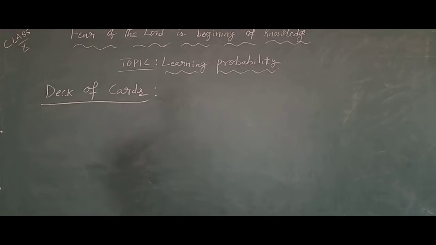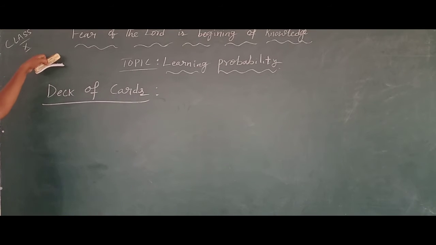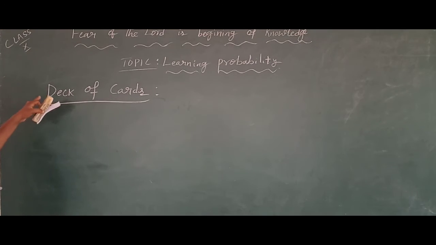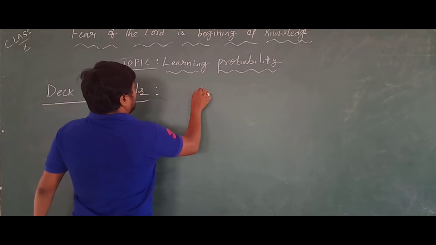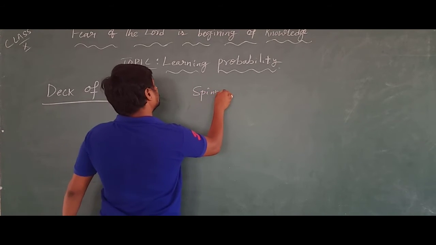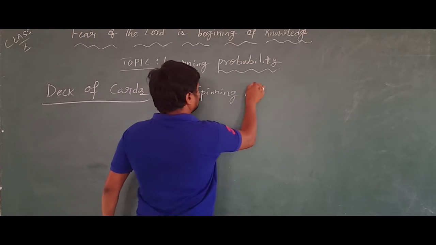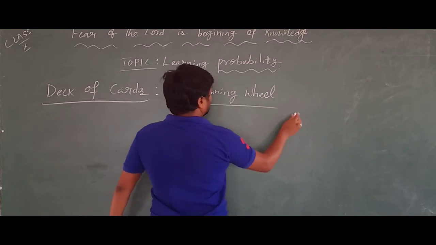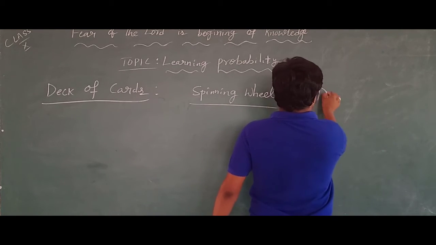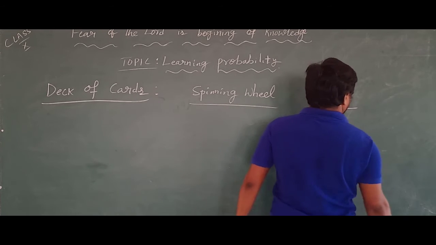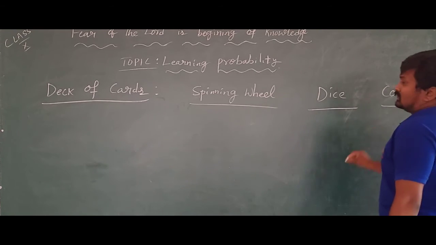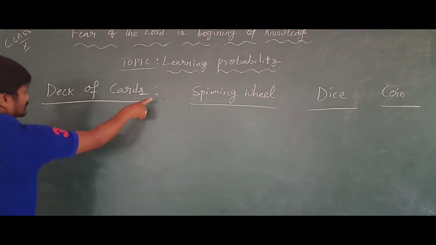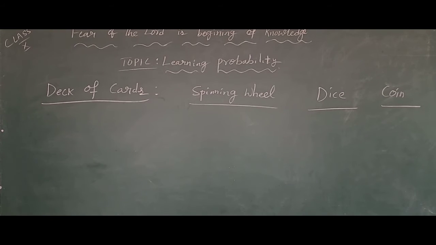In class 10, these are important topics: first one, deck of cards; second one, spinning wheel; third one, dice; and fourth one, coin. These four concepts are very important for class 10. In that, the first concept, deck of cards, we are going to discuss now.